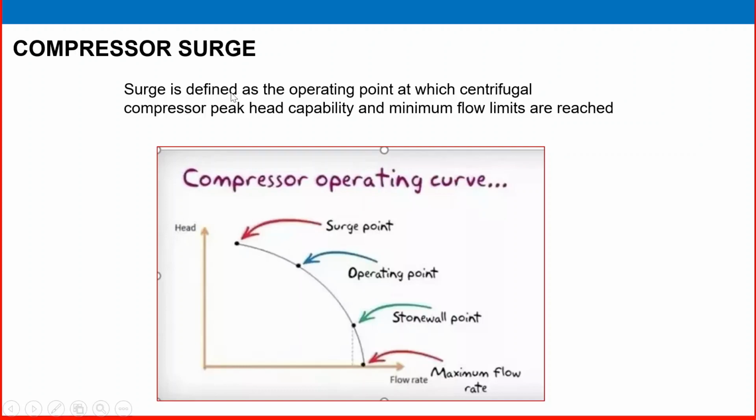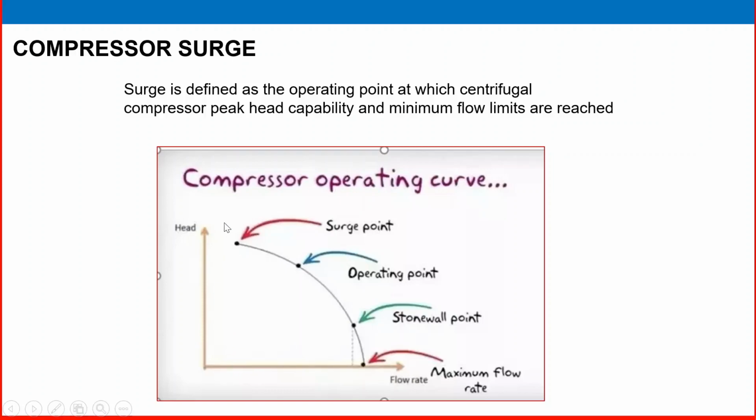Compressor surge. Surge is defined as the operating point at which a centrifugal compressor's peak head capability and minimum flow limits are reached. In this picture, you can see the surge point is here: at that point the pressure head is at its maximum and the flow rate is minimum.